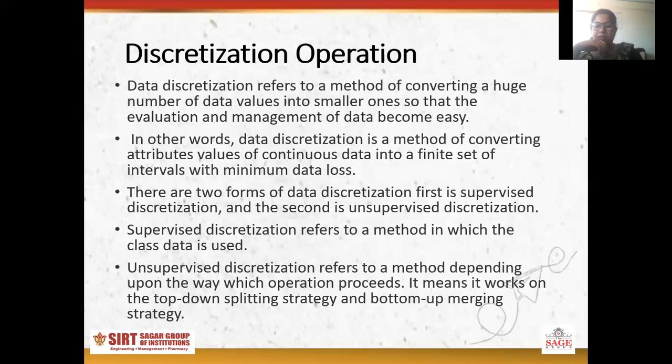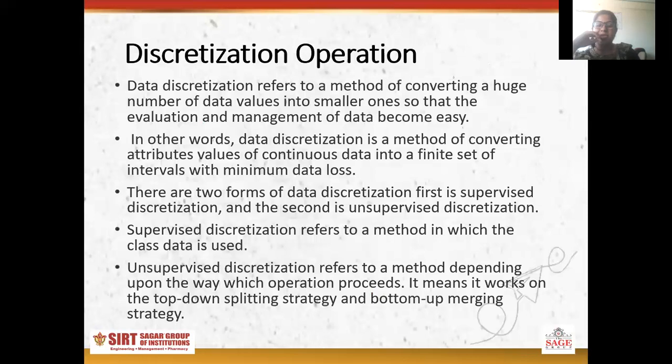We can say that this is also a method of converting attribute values of continuous data into a finite set of intervals with minimum data loss. There are two forms of data discretization. First is supervised discretization, and the second is unsupervised discretization.